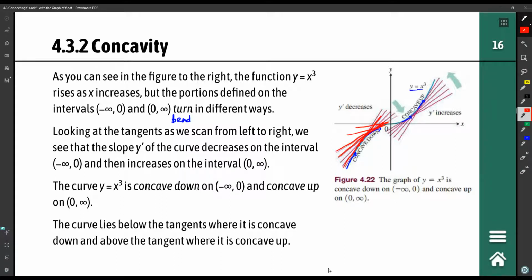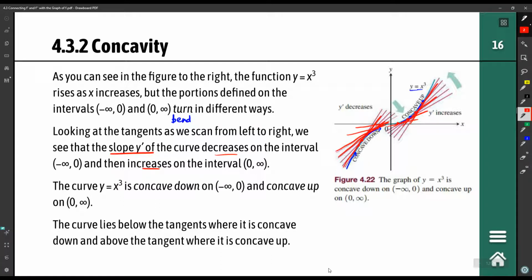Next, on the interval where we are concave up, we start with a tangent line that is seemingly pretty flat, but as we move further along, that tangent slope increases in value. So what does that mean for us calculus-wise? Well, we see that from left to right the slope, y prime, either decreases or increases.